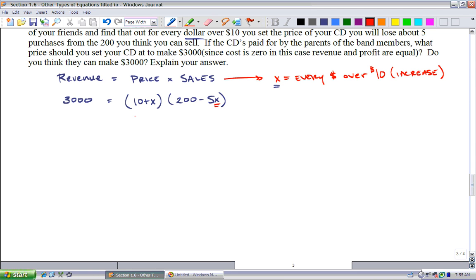Okay, so what we're going to do here is start multiplying some things out. And if we go ahead and FOIL the right hand side here, we have our 3,000 over here, and we FOIL this, we get negative 50x and 2,000, kind of out of order here, but 200x minus 5x squared, and we'll start simplifying some of that.